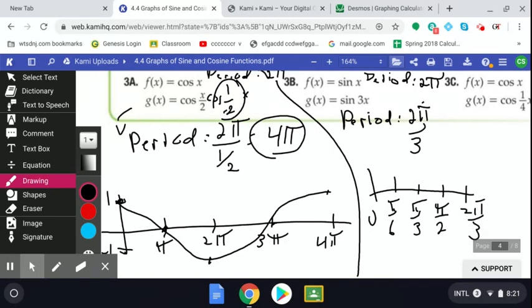And once again, the amplitude is just 1, so it's going to be 1, negative 1, and it's a sine function, so 0, 1, 0, negative 1, 0. It's going to go like that. Okay?